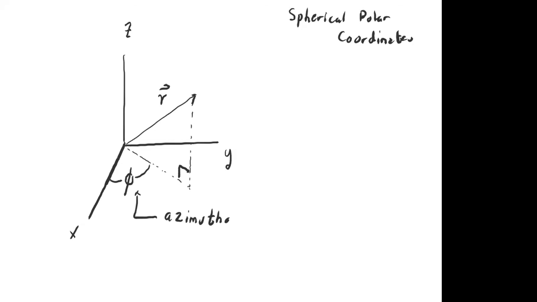Now, this is actually a good question. Then I have another angle from the z-axis to the position vector, and that angle is theta, and that's the polar angle. So I will use the convention that phi is the azimuthal angle and theta is the polar angle.